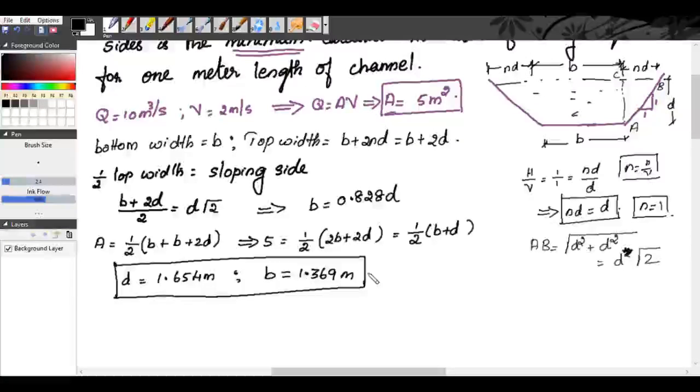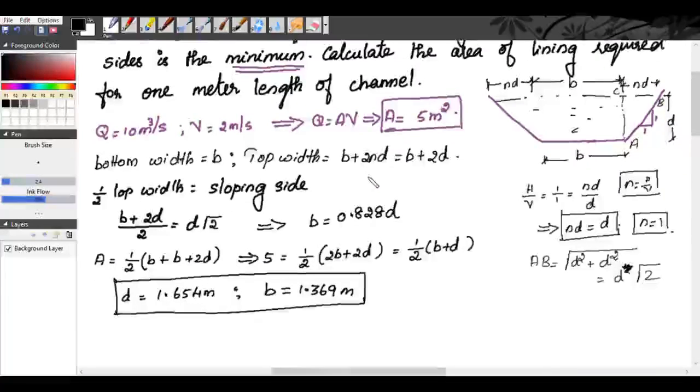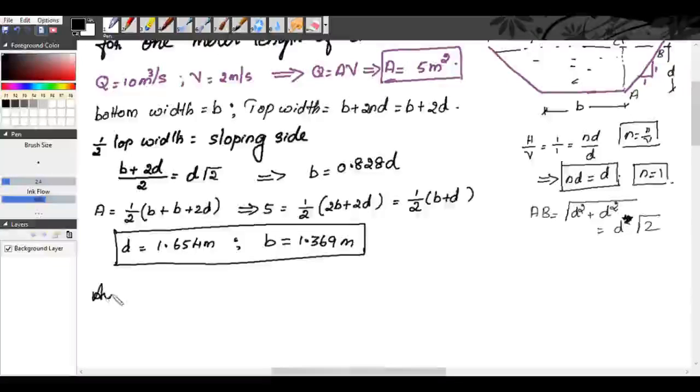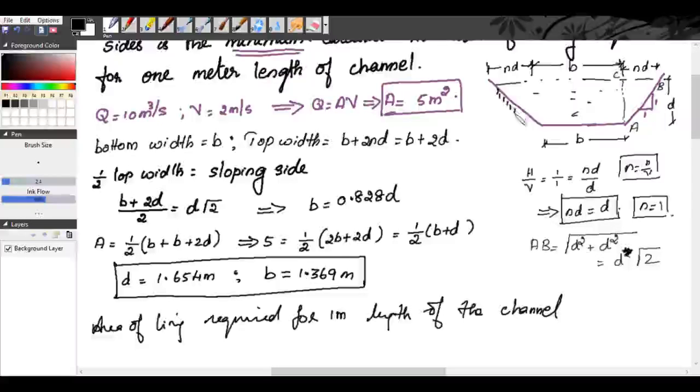Now our aim is, you are asked to find the area of lining required for 1 meter length of the channel. So for 1 meter length, how much lining is required?